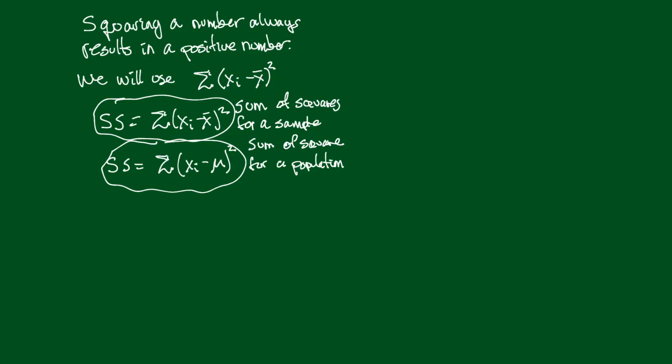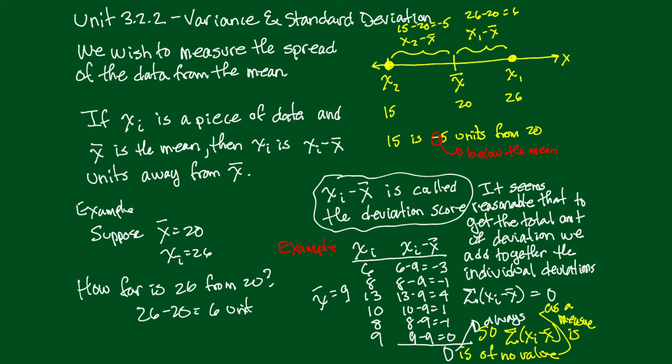All right, so the point of all this is, do you see that what we're doing here is adding up these differences? And what are the differences? I'll go back a page here. Those are the spreads. I'm just measuring the spread between a piece of data and the mean.